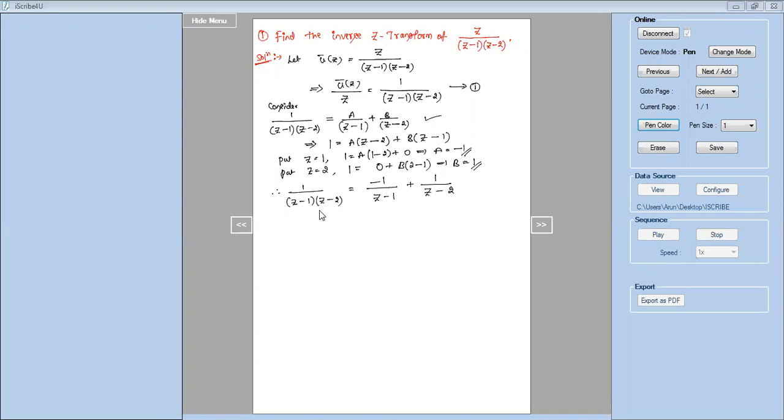So let us use equation 1 now. Using 1, I can write this left hand side as U bar of z divided by z equals the right hand side. I'll write the positive term first, 1 by z minus 2, then minus 1 by z minus 1.